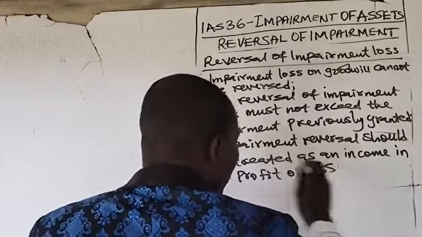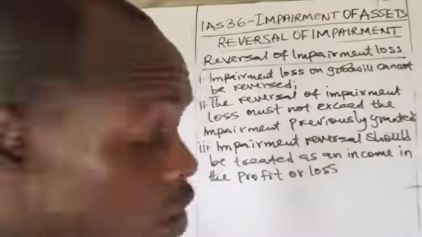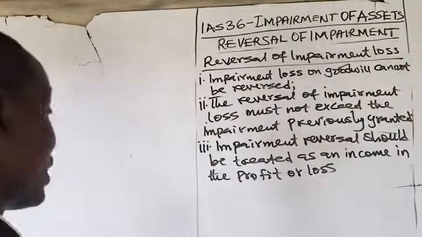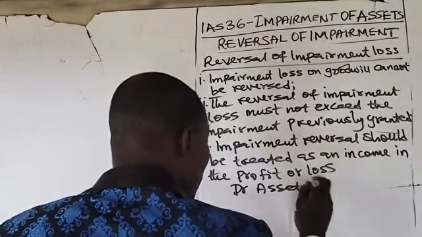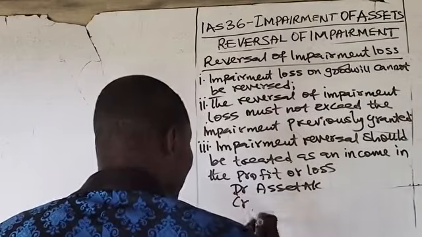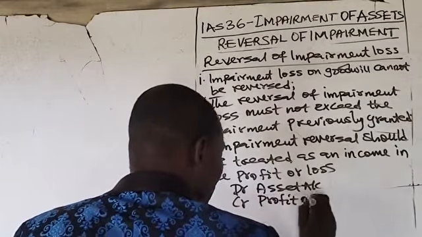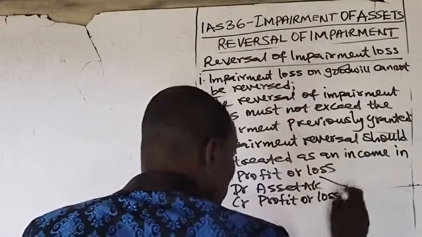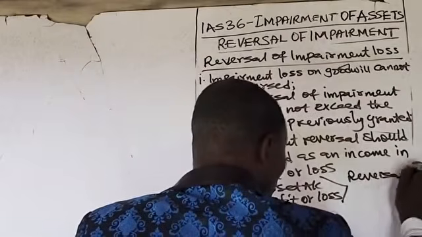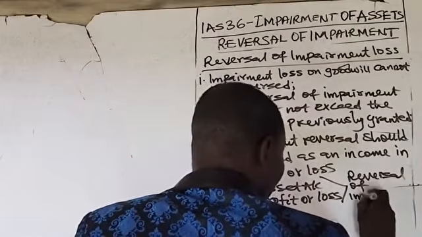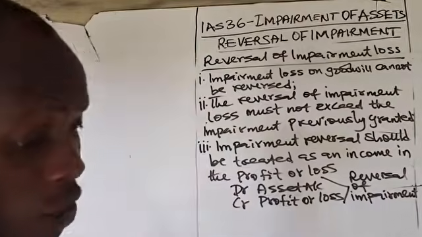That is, the amount you want to reverse as an impairment, you will treat that as an income. That is why I said you debit the asset and you credit profit or loss. That means you are now treating it as an income. With the reversal of impairment, you treat it as an income in the profit or loss.